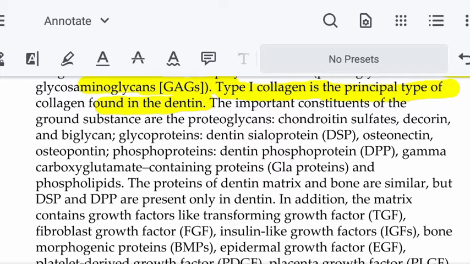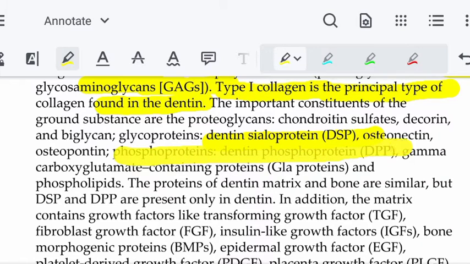Gamma carboxyglutamate containing protein, GLA proteins. So the organic compounds contain proteins, they are dentin sialoproteins, DSPs, and also phosphoproteins. What are the phosphoproteins? Dentin phosphoproteins, DPP. DSP and DPP.